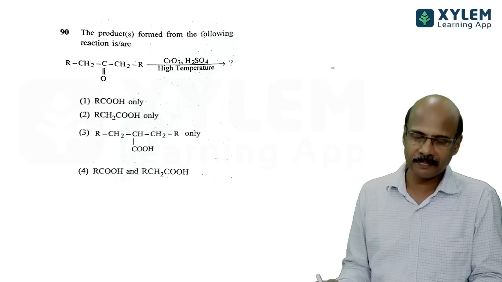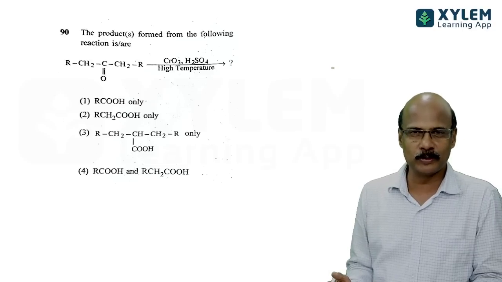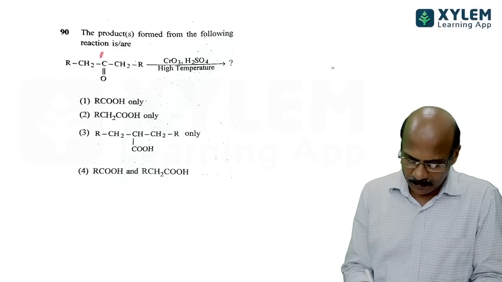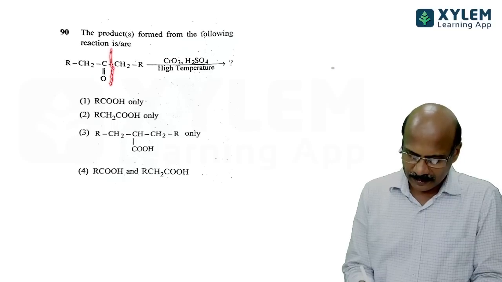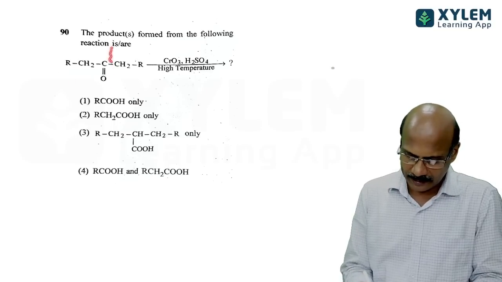Question number 90. When a ketone is oxidized, you will get 2 molecules of carboxylic acid. And you know very well that the major product is decided by Popoff's rule. Popoff's rule says the carbonyl group will reside with the lower alkyl group. You can see that either side alkyl group is the same, so you can cleave over here or you can cleave here.